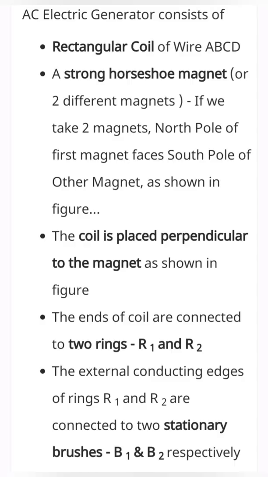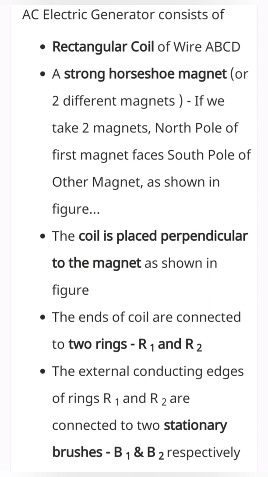Let us see the construction once again. A generator consists of the rectangular coil, that is the armature, and a strong horseshoe magnet consisting of two poles, north and south pole. The coil, that is the armature, is placed perpendicular to the magnet. There are two rings, R1 and R2, which are externally connected to the two brushes B1 and B2.